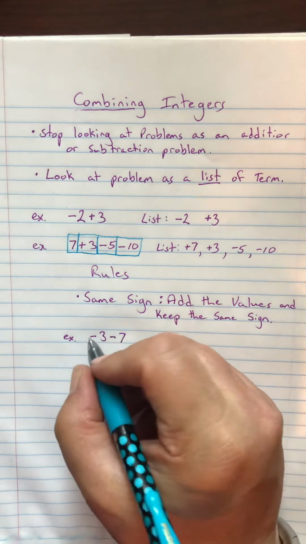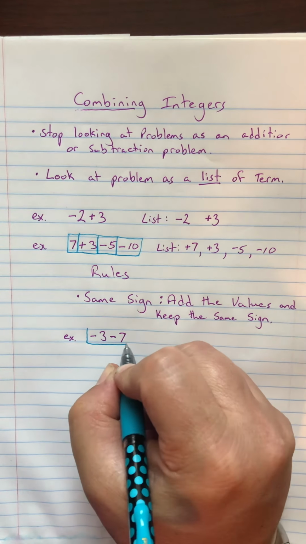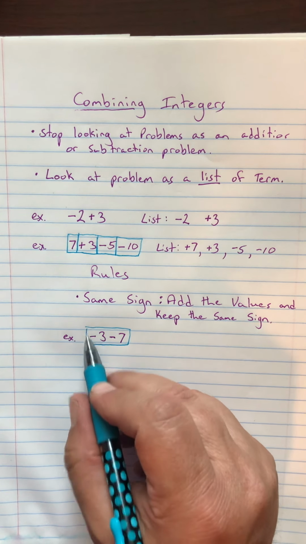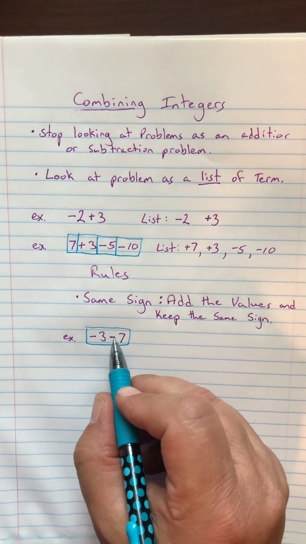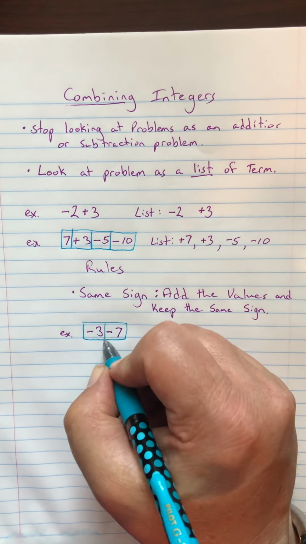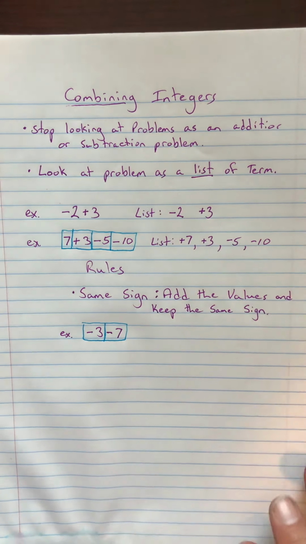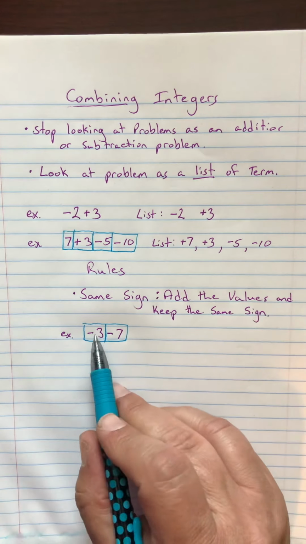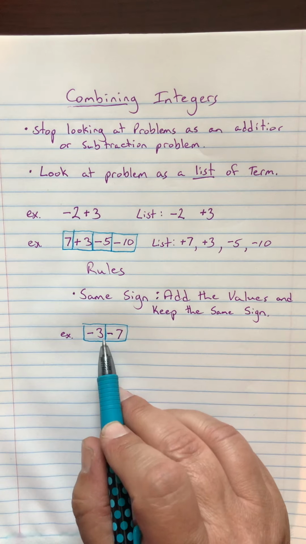Focus and look at the components. Draw my box around the whole problem. Here's a symbol. I already got my line there. Here's my next symbol, so I'm going to draw another line right here. And there's the end of the problem. So I have a -3 and a -7. Notice they're both negatives. They are the same sign.